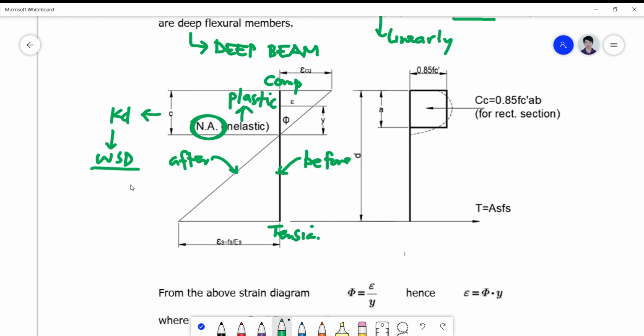Still remember that the kd is actually a percentage of the effective depth of your beam.